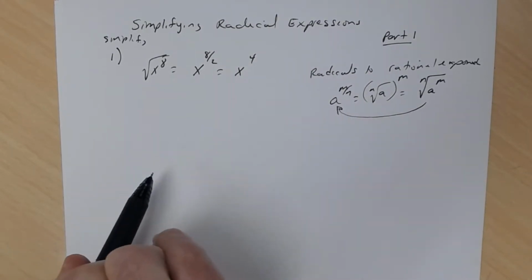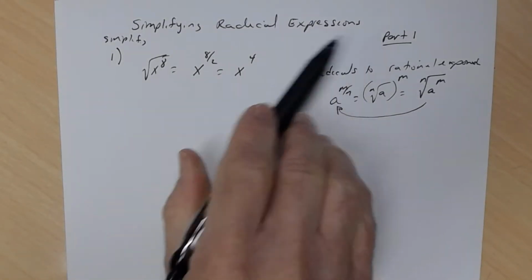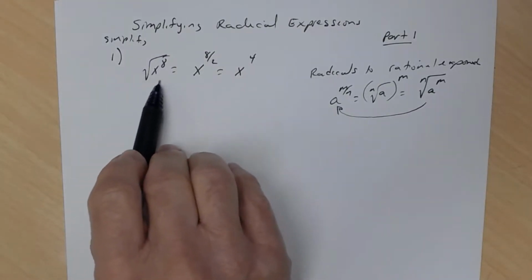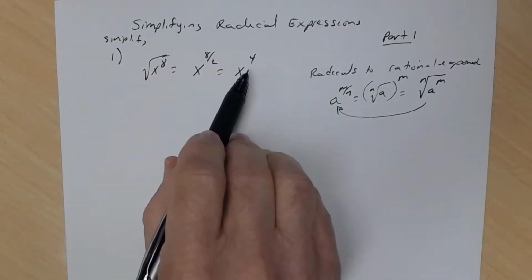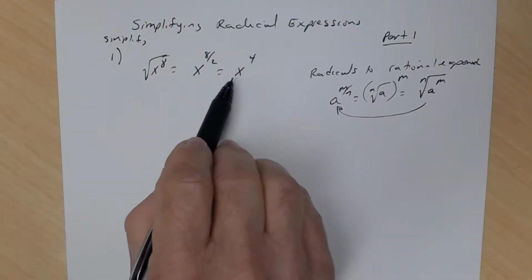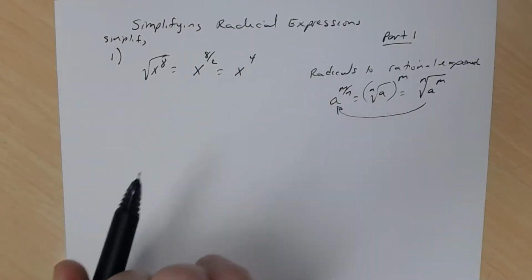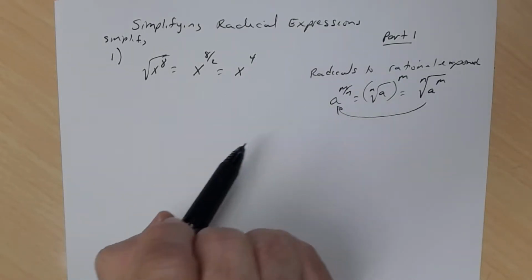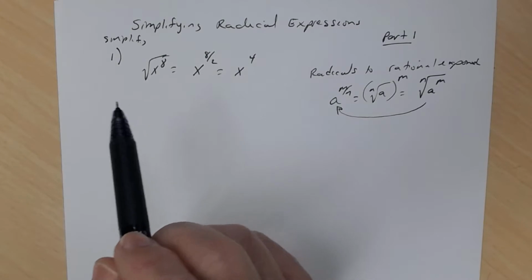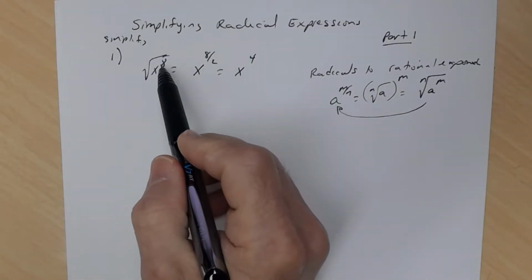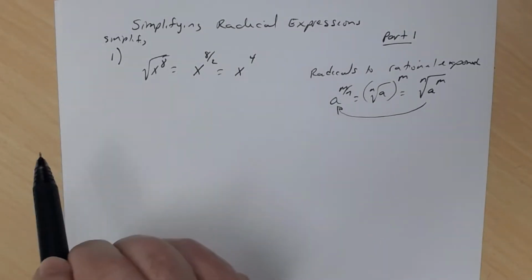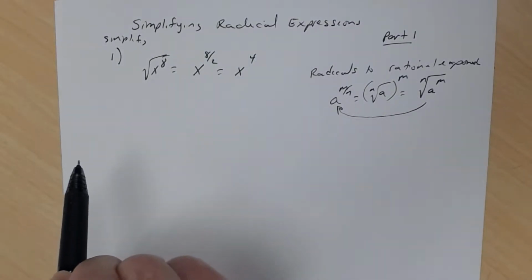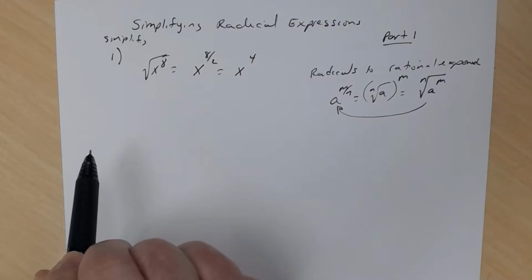In part two, you're going to start out with expressions that involve radicals, and you may or may not end up with radicals. But in part one, the exponents will always be divisible by the index, so you're going to get a whole number as your exponent.